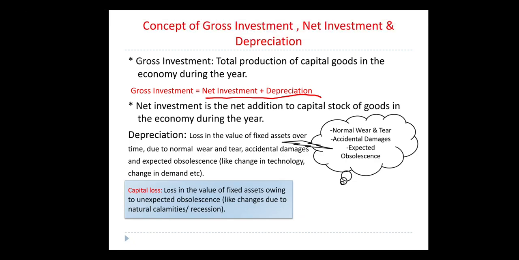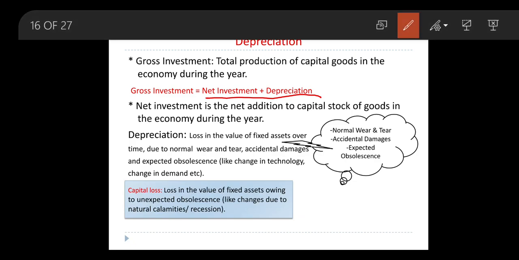And there is also a kind of loss which is caused by unexpected obsolescence. Losses caused by unexpected obsolescence are called capital loss. Unexpected obsolescence includes things like natural calamities or recession. We never know when an earthquake will hit us, when a tsunami will hit us, when a fire will break out.